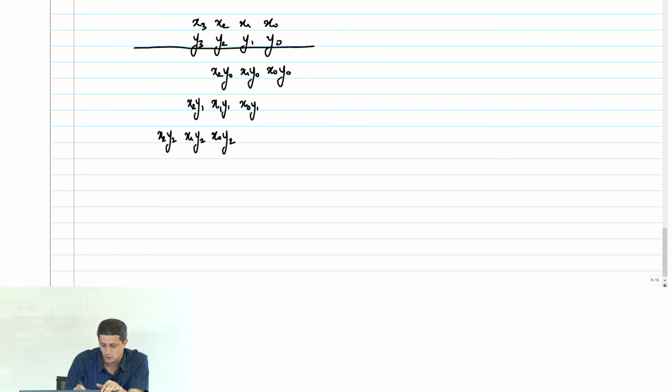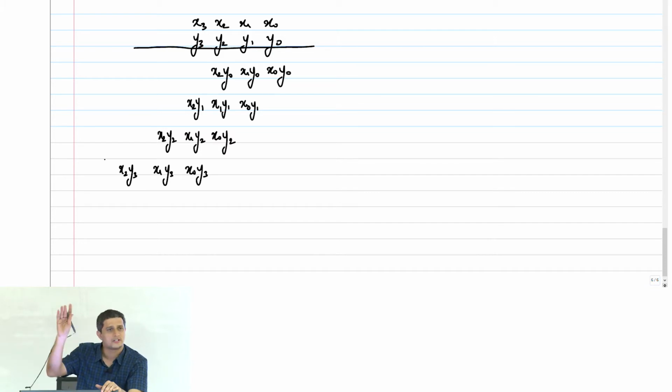If I took this y3 term, normally it would have been x0y3, x1y3, x2y3. We'll leave the x3y3 out because that's again a positive number. This is now a negative number. How do I make a number negative?